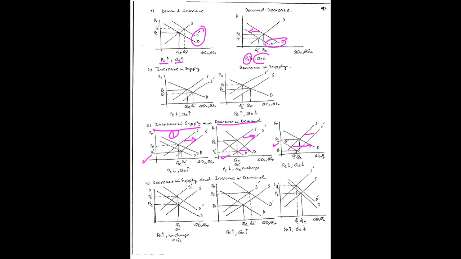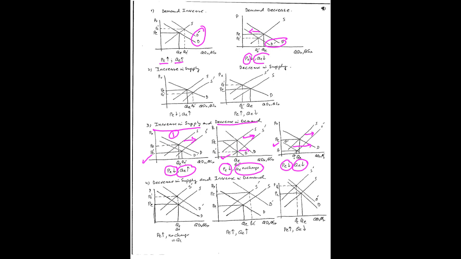And you can see that in all these 3 cases, one thing is common, that price is decreasing. But in one case, QE increases, in one there is no change in QE, or QE unchanged, and in one QE is decreasing. So my conclusion would be equilibrium price will decrease, equilibrium quantity is indeterminate.